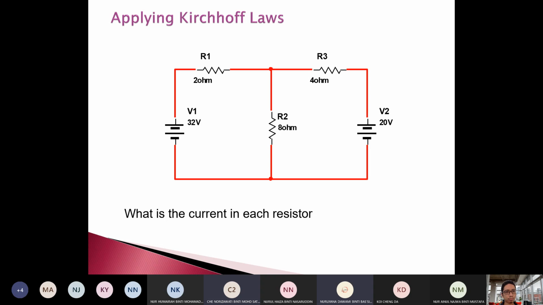For I3, I think the answer is 2.41. Okay. Thank you, Vienna.